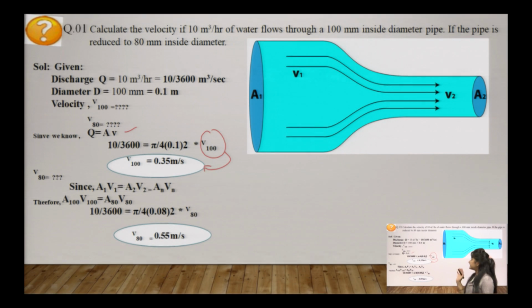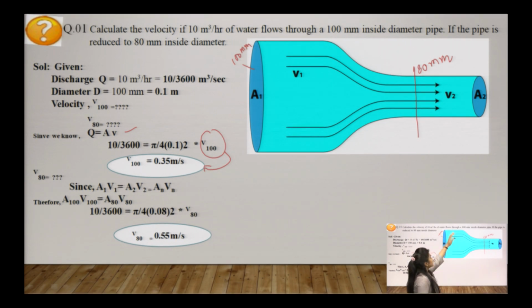Now they have said further that this pipe of 100 mm is being reduced to a pipe of diameter 80 mm. This is the 80 mm diameter pipe; here it was 100 mm. You need to calculate the velocity at this point. We already know the discharge is constant, that is ρA1V1 is always constant throughout the flow.